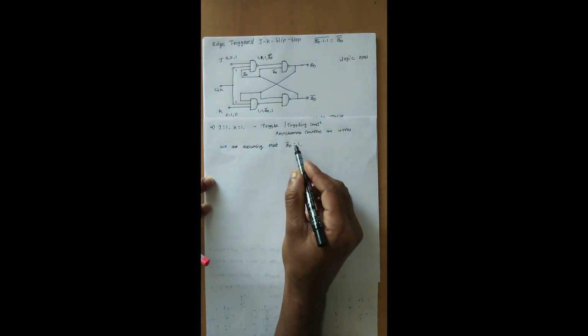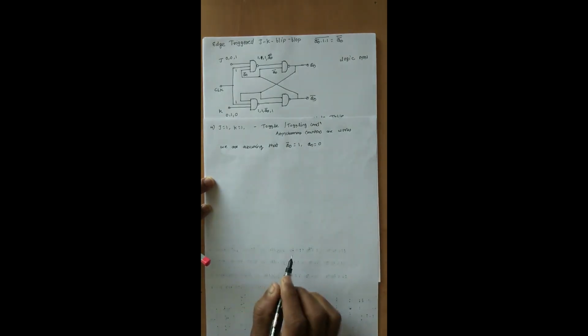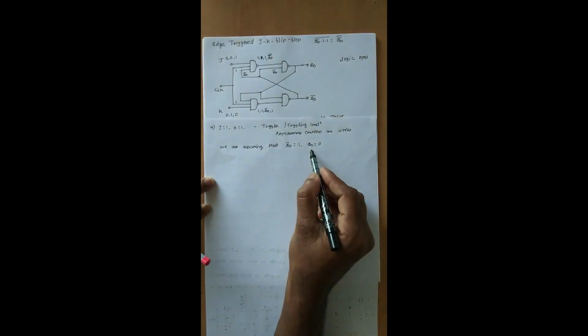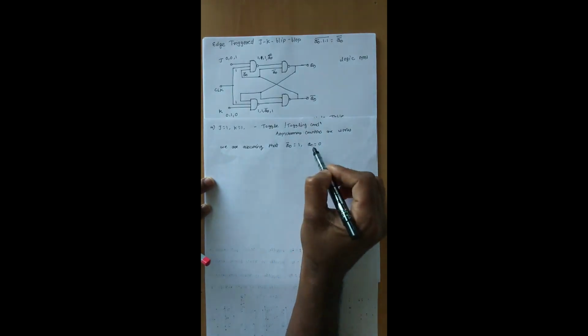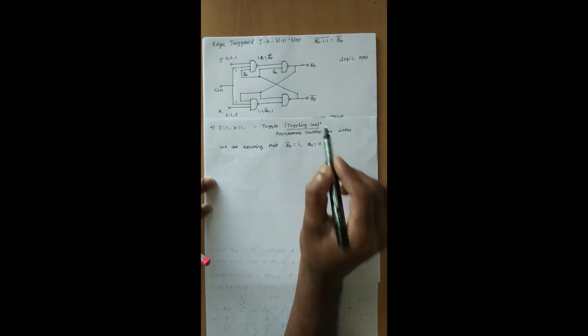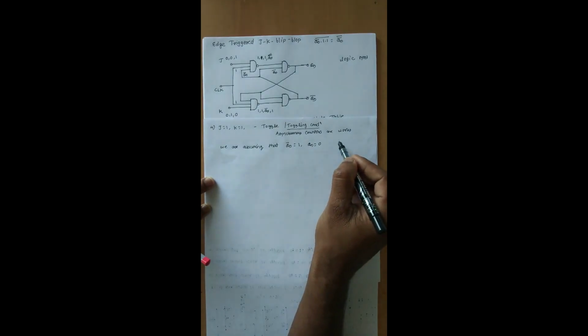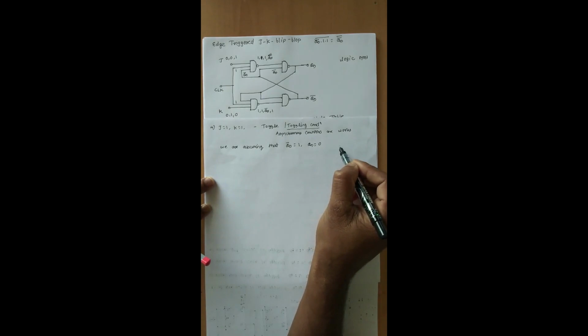If Q of n bar is equal to 1, definitely Q of n will be 0, because if the present state complement output is 1, definitely the present state non-complement output will be 0. So let me once again point out the meaning of toggling condition. If the present state output is 0, then the next state output will be 1. If the present state output is 1, the next state output will be 0.